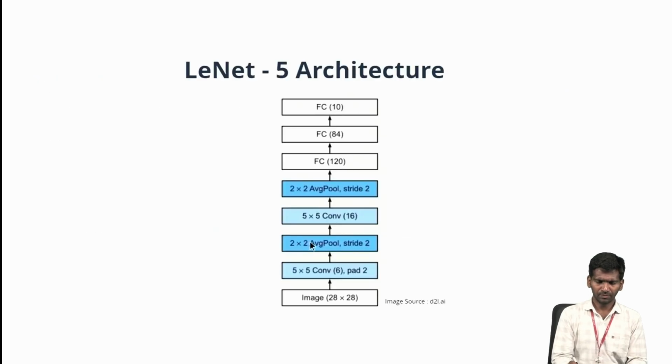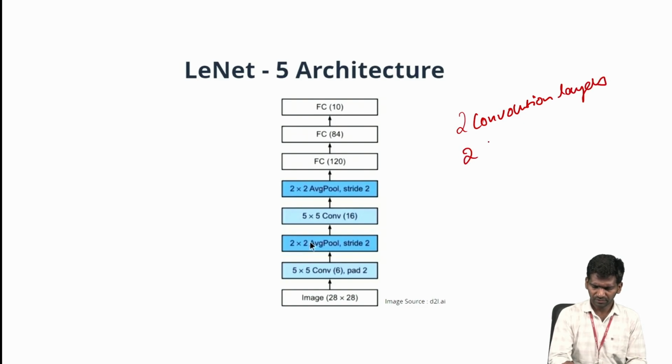Okay, this is the LeNet 5 architecture. If you see, it has 2 convolution layers, 2 pooling layers, and then followed by fully connected layers.